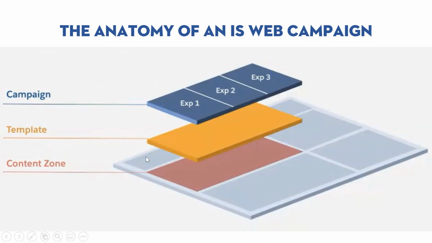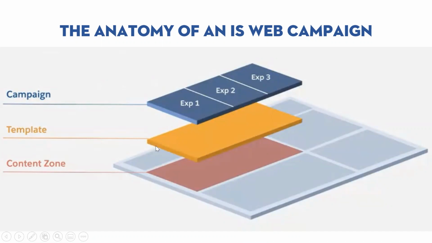So we have a website, and with this web integration setup, we tell Interaction Studio which content zone should be treated. So we just select some kind of HTML object that should be used for our personalization campaign on Interaction Studio, and we set up our template.